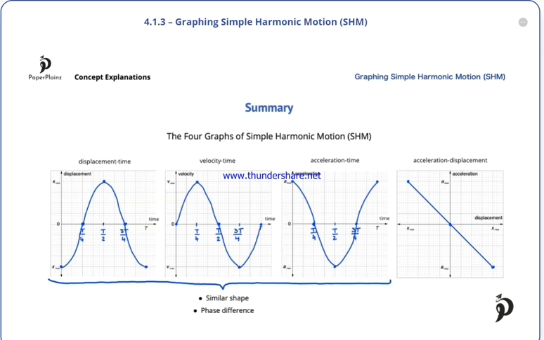For the acceleration displacement graph, we recall the equation a is equal to negative kx from the previous video, and discussed how this equation matches up well with the graph, since we have a straight line with a negative gradient that passes through the origin. This completes our discussion of simple harmonic motion graphs. In the next video, we'll learn about phase difference.